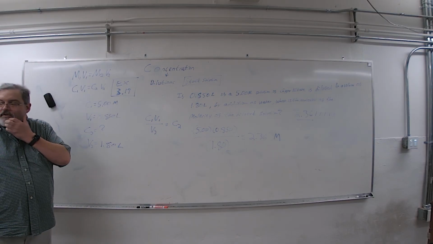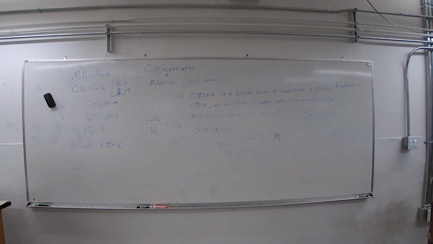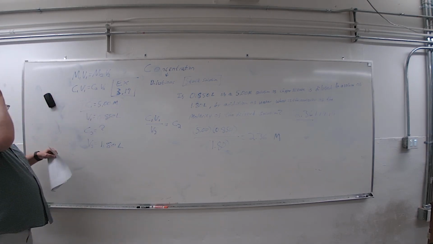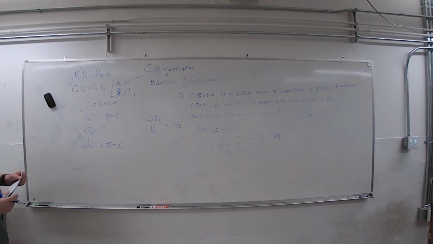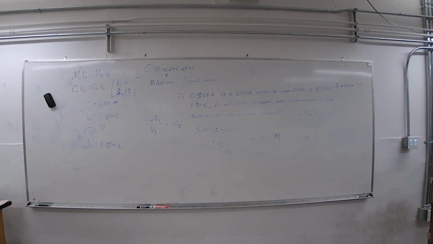Kind of a double check you can do if you just look at your calculations. In general, this would be our stock solution that's sitting over in the corner somewhere. And we needed 2.36 molarity for what we were doing.